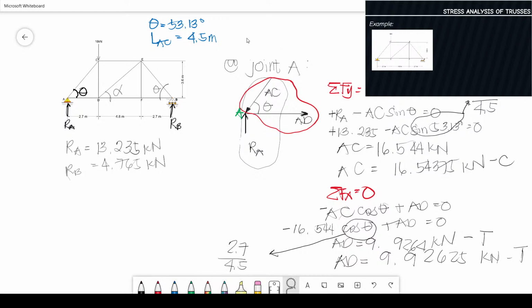So let's proceed. So this is at joint A. Wait. So let us list down our values.